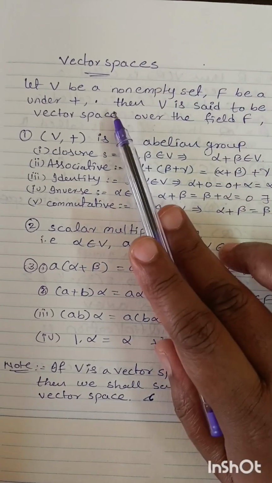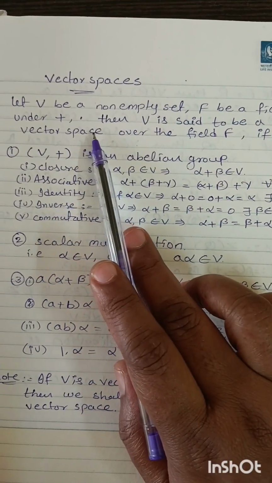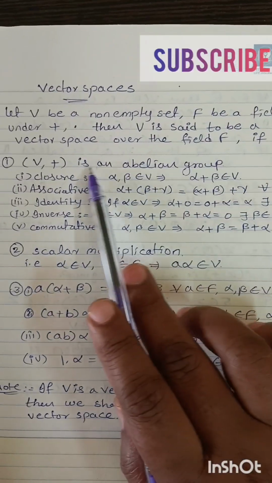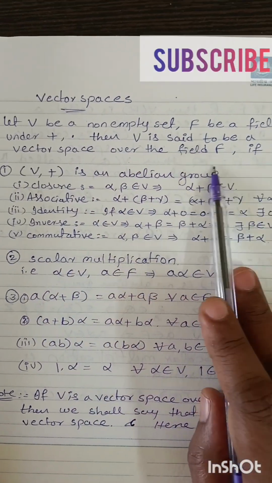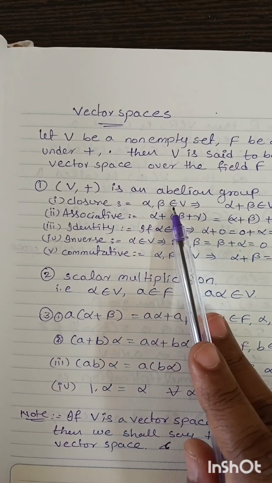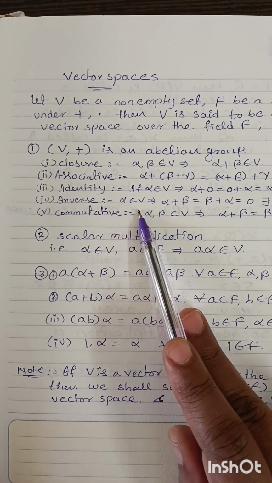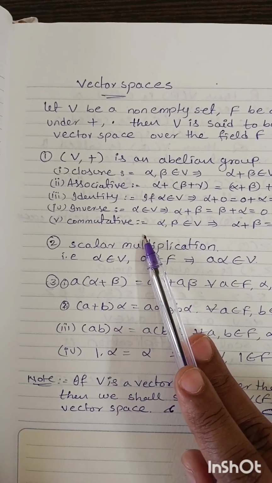Space definition. Let V be a non-empty set and F be a field under addition and multiplication, then V is said to be a vector space over the field F if (V, +) is an abelian group, which means it satisfies 5 properties: closure, associative, identity, inverse and commutative property.